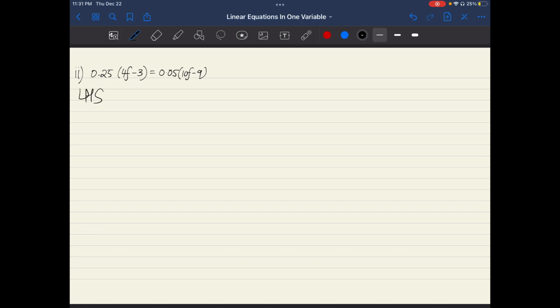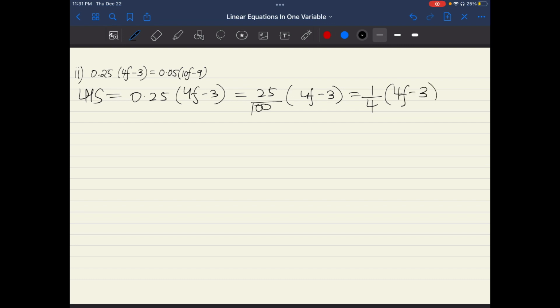In this case, we can simplify the LHS, which is 0.25 times 4f minus 3, to be 25 over 100 times 4f minus 3, which is also 1 over 4 times 4f minus 3, which gives us the LHS of 4f minus 3 over 4.